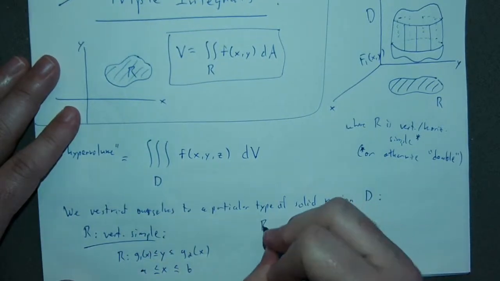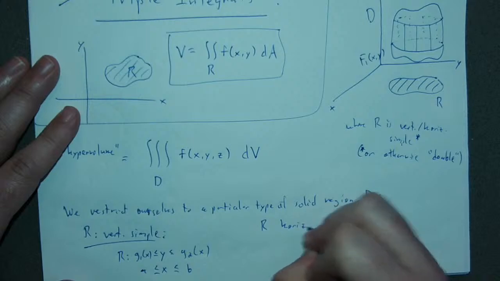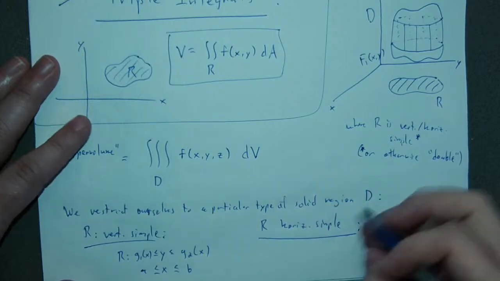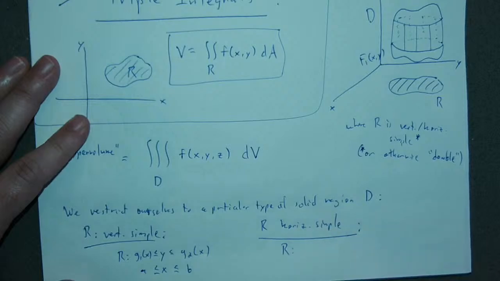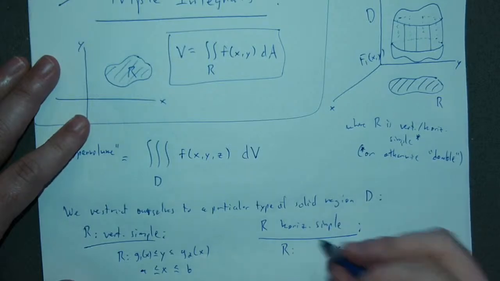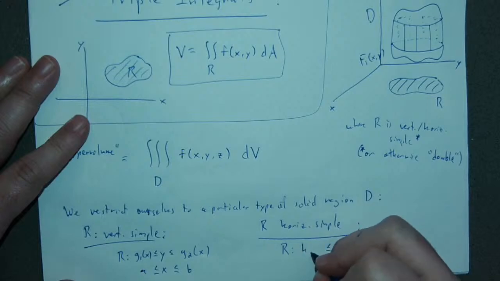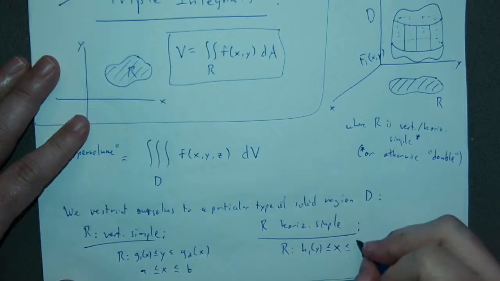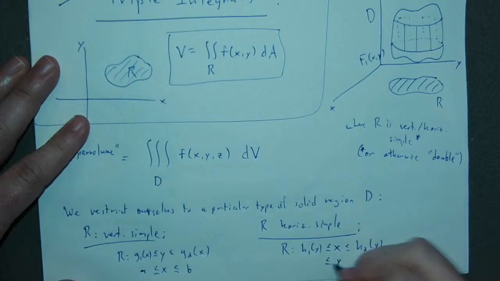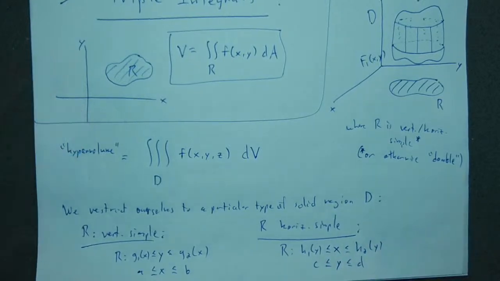And if R is horizontally simple, then we use the notation that R is a region where x is bounded by a left and right function, we'll say h sub 1 of y and h sub 2 of y, on left and right respectively, and y is bounded between, say, c and d.